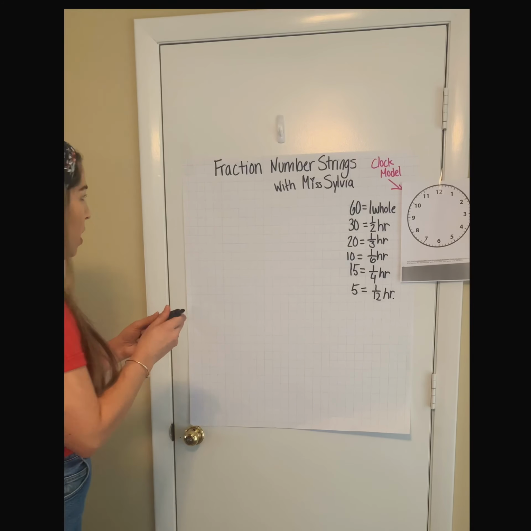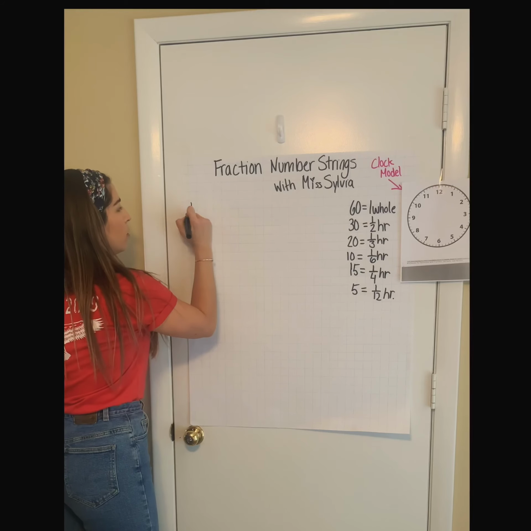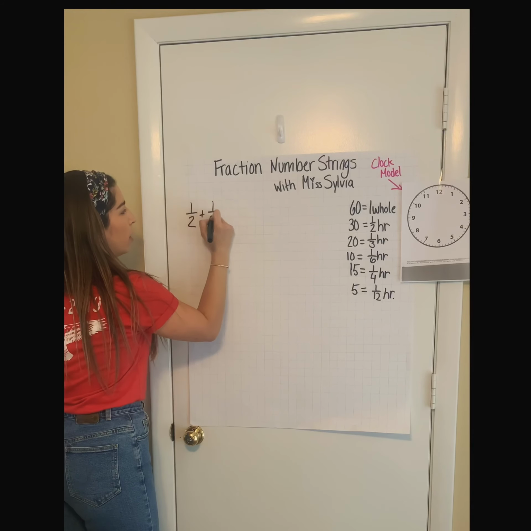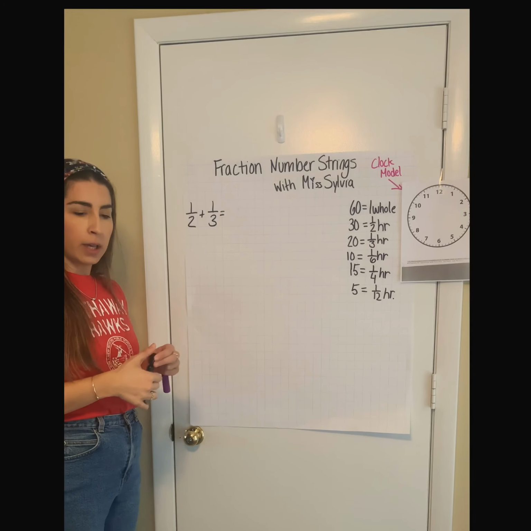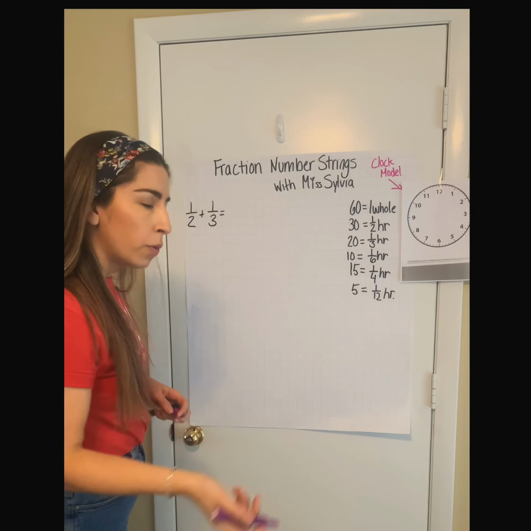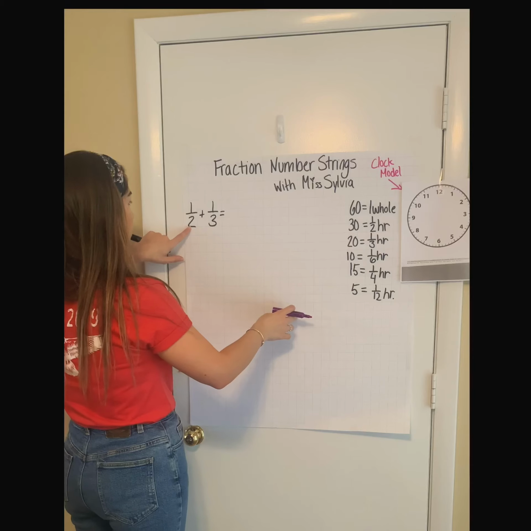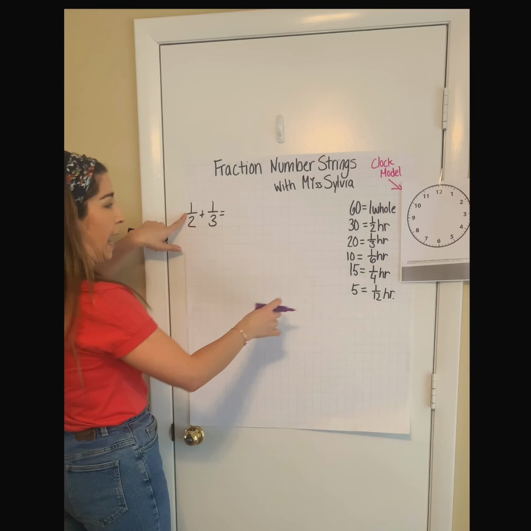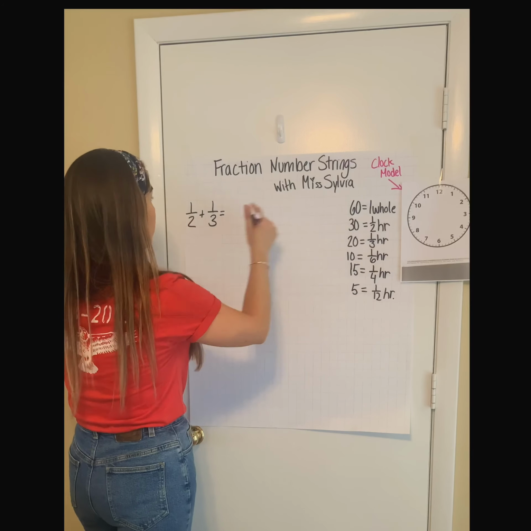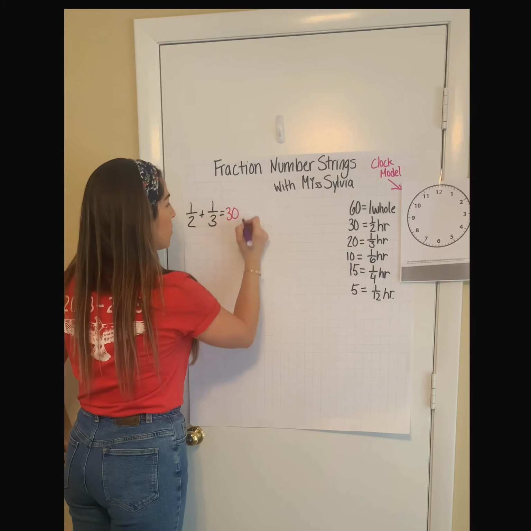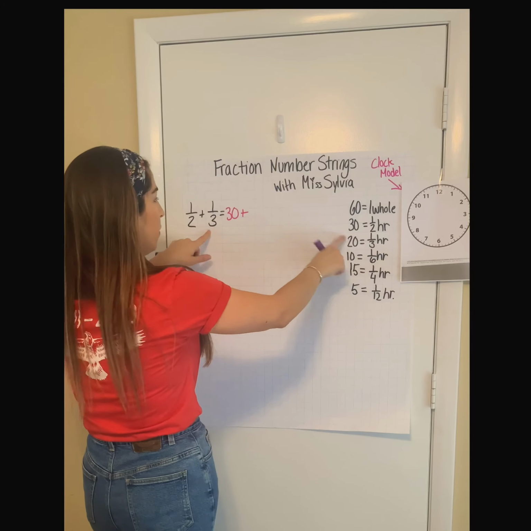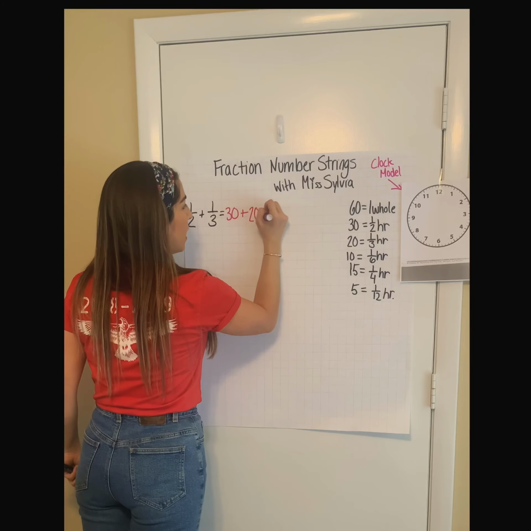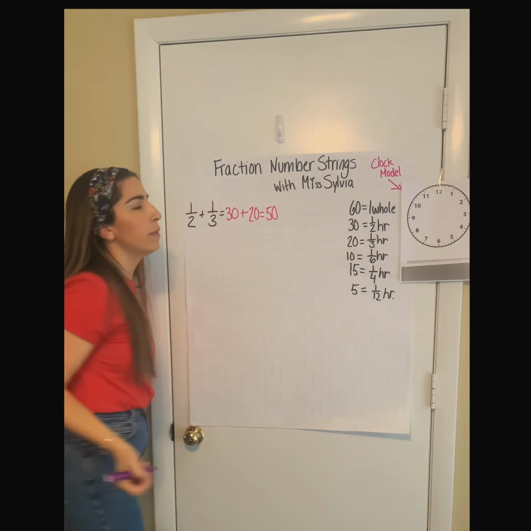Here comes our first problem. 1/2 plus 1/3. Go ahead and pause the video now. So we know from looking at our key and what we know about it that the unit fraction 1/2 is equivalent to 30 minutes. And we also know that the unit fraction 1/3 is equivalent to 20 minutes, and that equals 50 minutes.